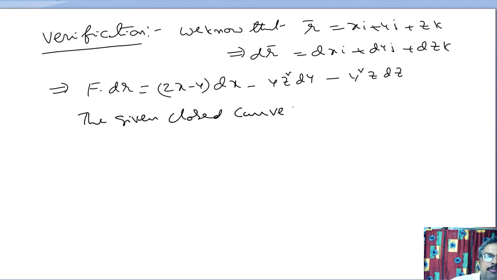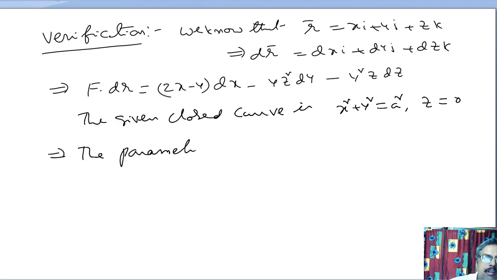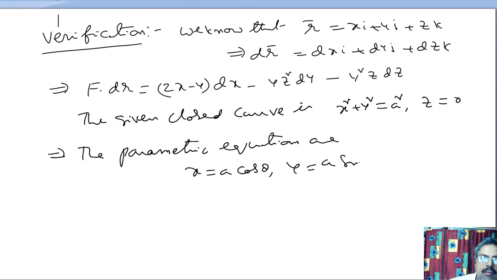The given closed curve is, what is the closed curve? A circular curve. The circle equation in the xy plane is x square plus y square equals a square, z equals 0. Now the parametric equations are x equals a cos theta, y equals a sin theta, z equals 0.